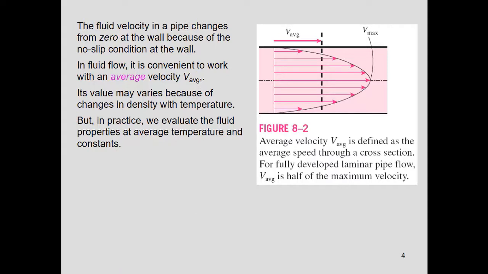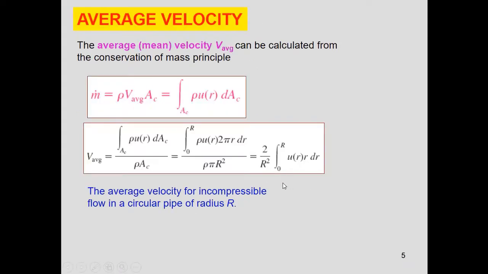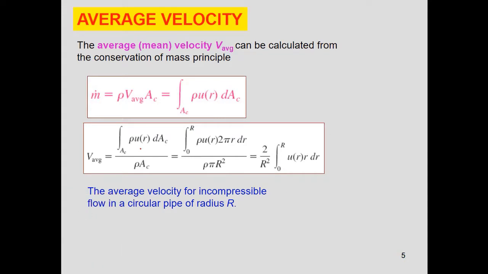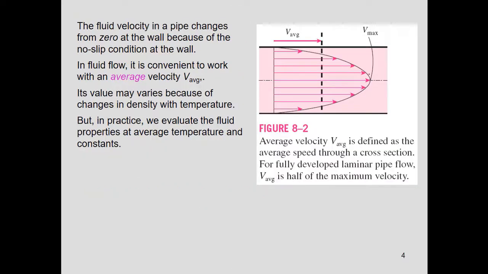Okay, let me use my pen to draw it. So this is r, as you can see here, and r means here, this is a pipe, so that r is this, and u is the velocity for each r.